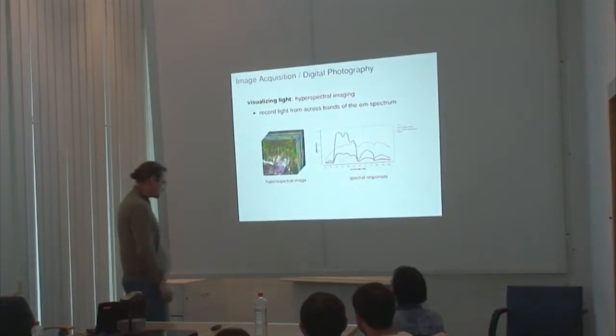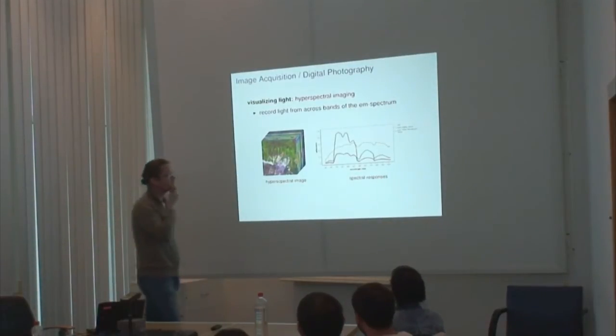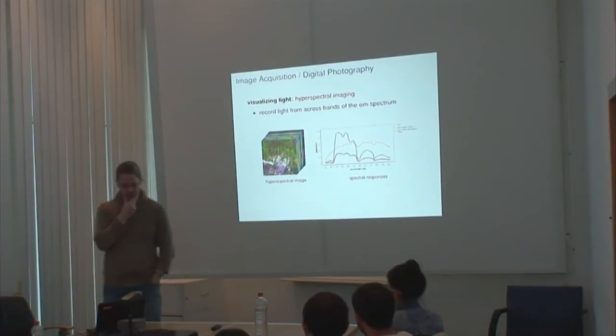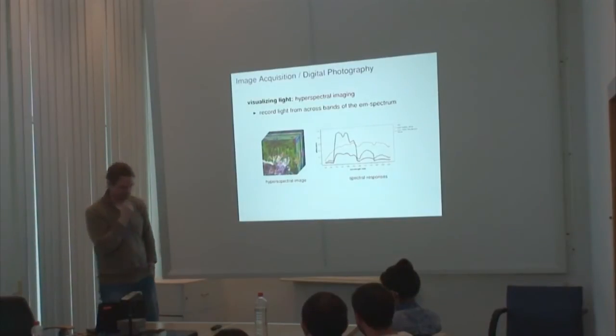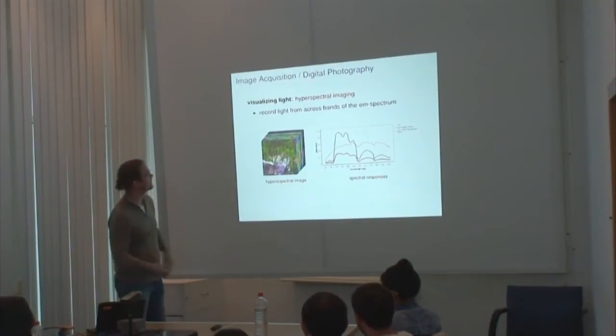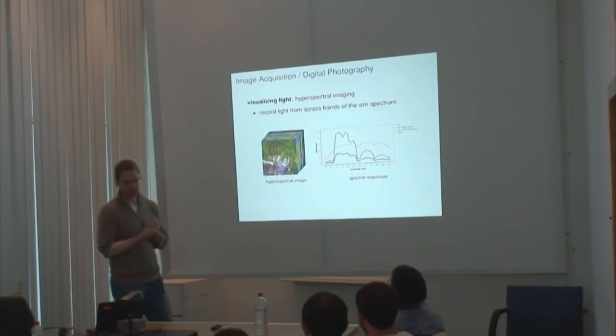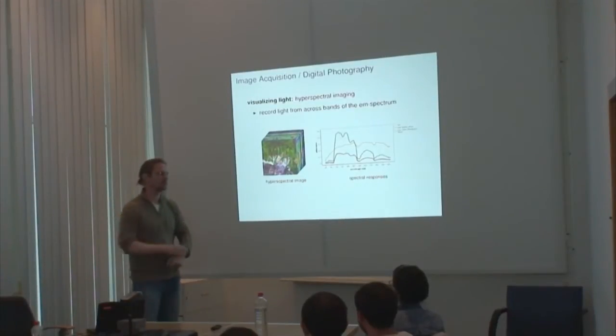And then there is another kind of technology that is becoming more and more important, basically because it is becoming cheaper and cheaper. This is the idea of hyperspectral imaging. It actually works exactly like conventional photography.